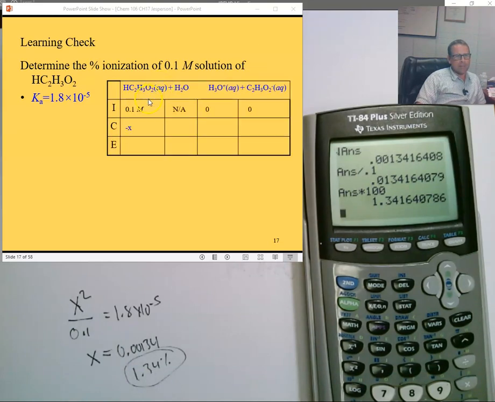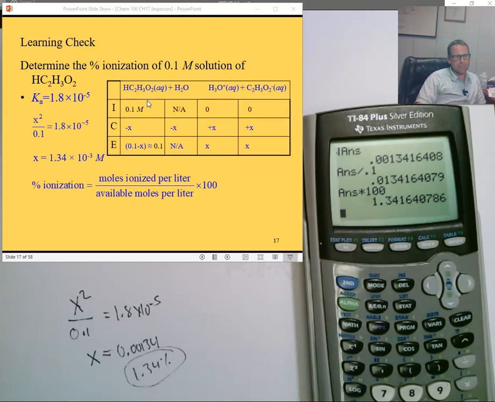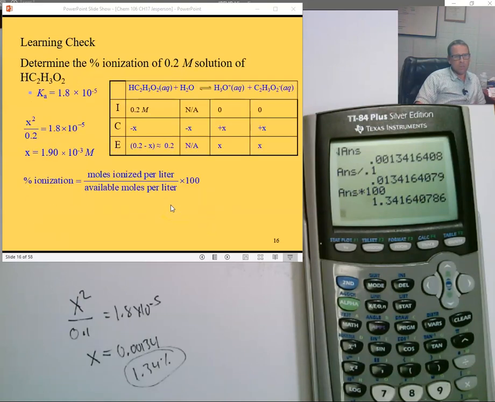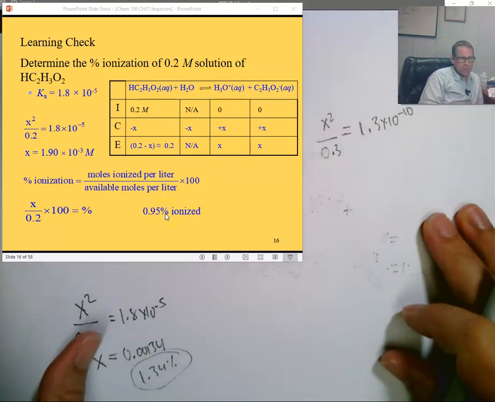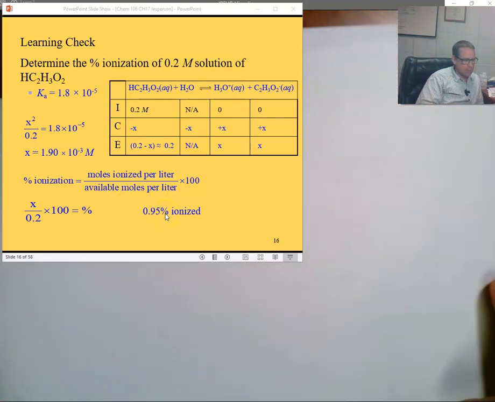Okay, excellent. Now, let's have a little conversation really quick about this 1.3% compared to this 0.95%. I'll write that data down here so we don't have to go back and forth between the slides.